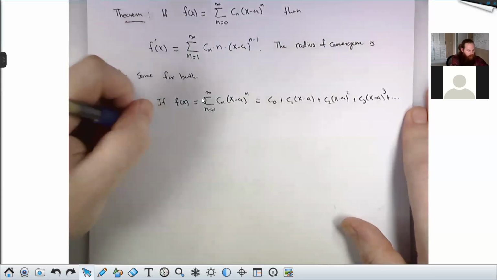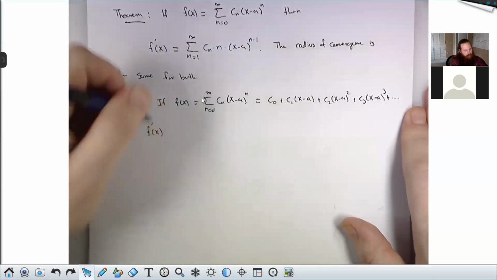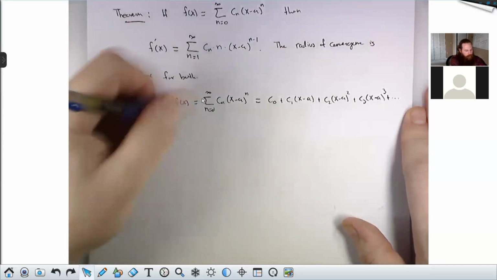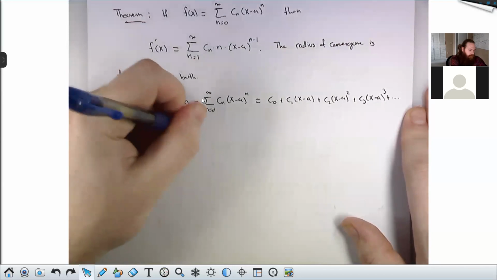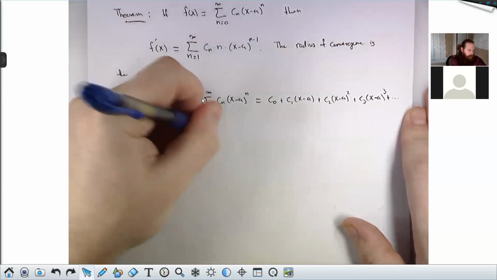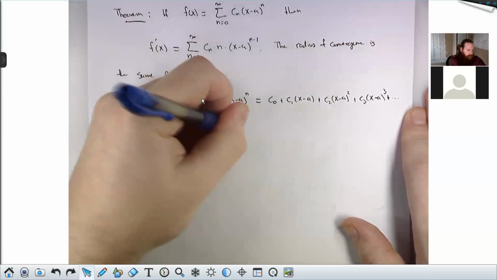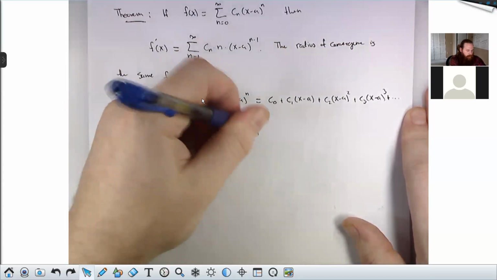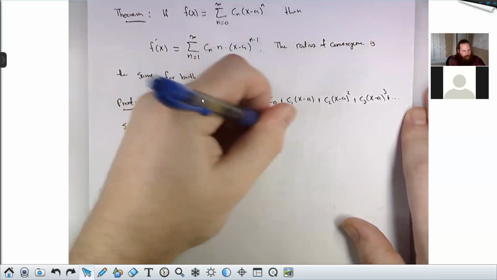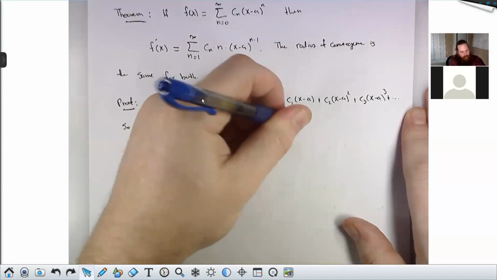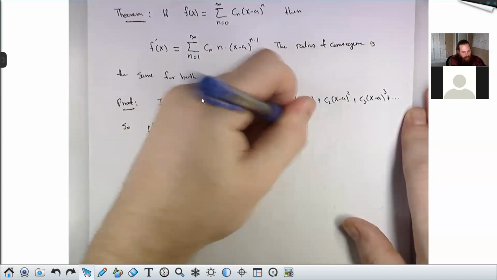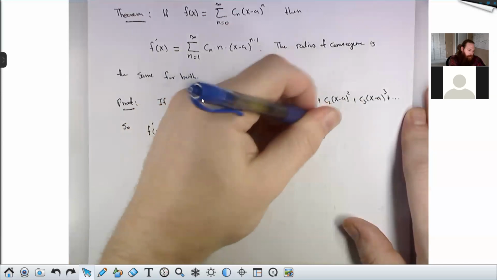So f prime of x is what I get by priming this whole thing. c0 plus c1 times (x minus a) plus c2 times (x minus a) squared plus c3 times (x minus a) to the 3, and so on, all primed.